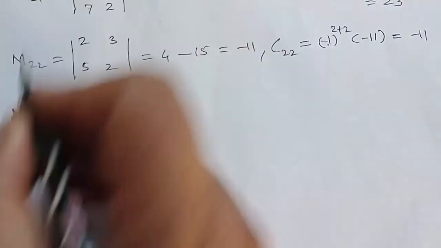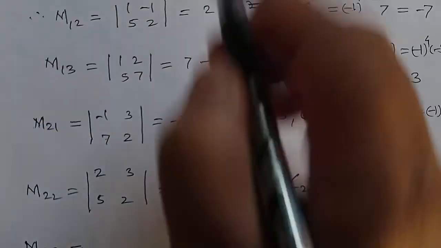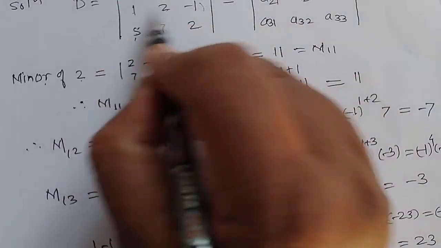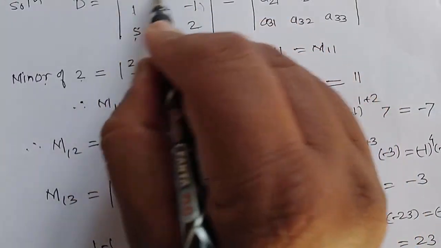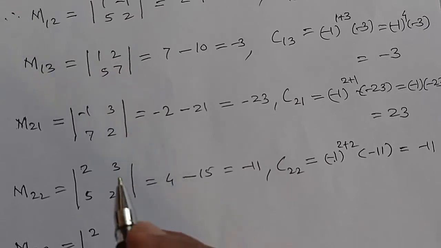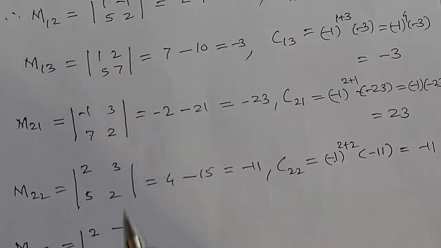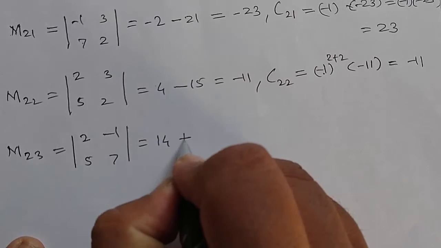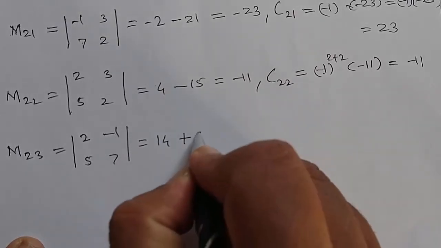Next element M23, that is second row third column. Now, deleting the second row and third column we get 2 minus 1 and 5 7. Determinant 2 minus 1 5 7 is equal to 2 into 7, 14, minus minus plus 5 into 1, 5, it is equal to 19.